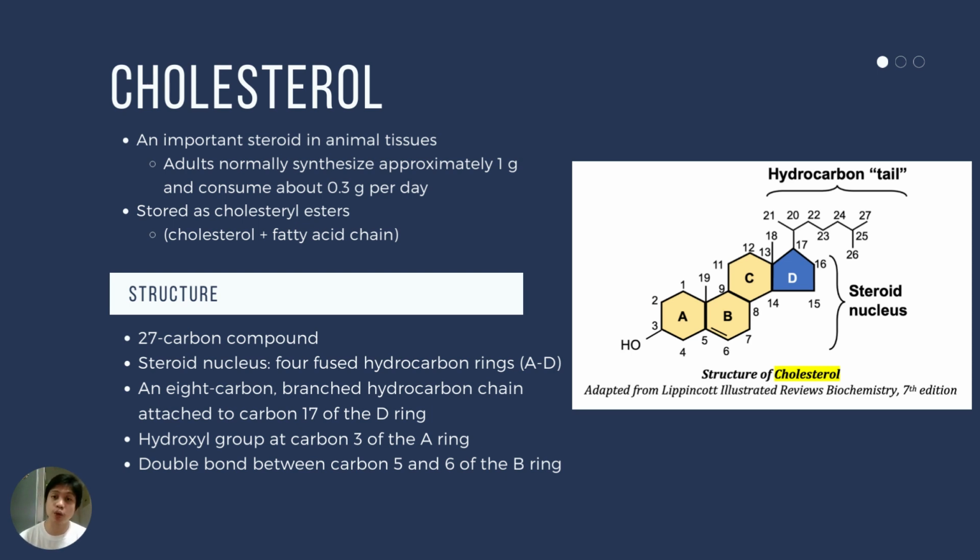So that's number 21, 20, up to 27. A hydroxyl group or an OH group is attached to carbon number 3 of the A ring, and a double bond exists between carbon number 5 and 6 of the B ring. So all of these specifications are found in cholesterol.